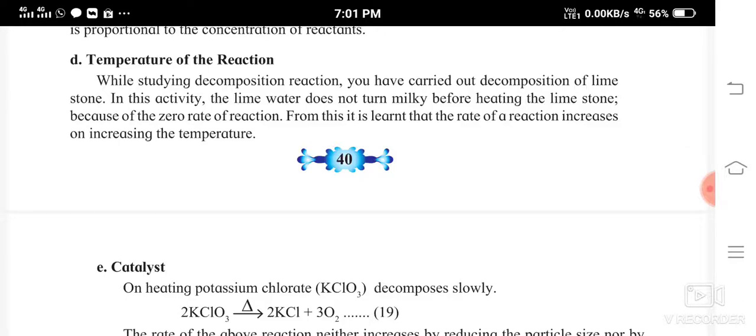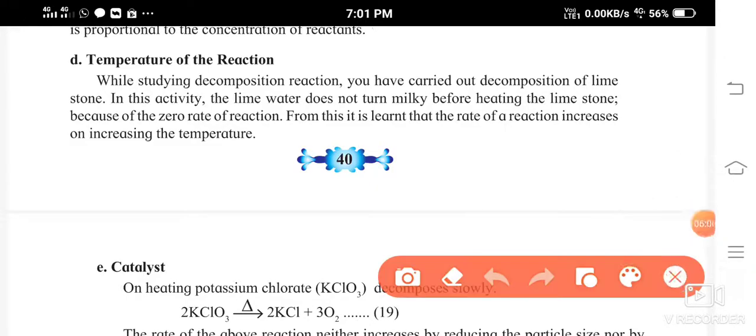Now, this activity I had also shown you. You had taken some limestone powder in a conical flask, and in another conical flask you had taken lime water.